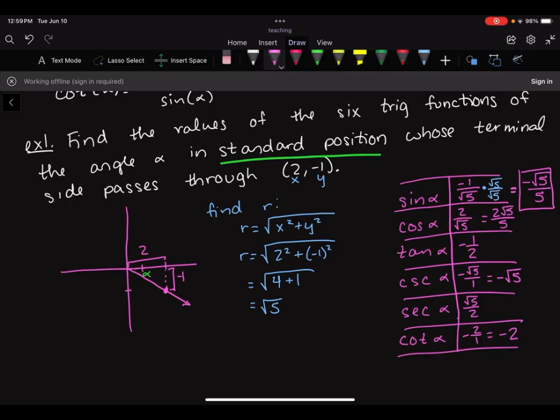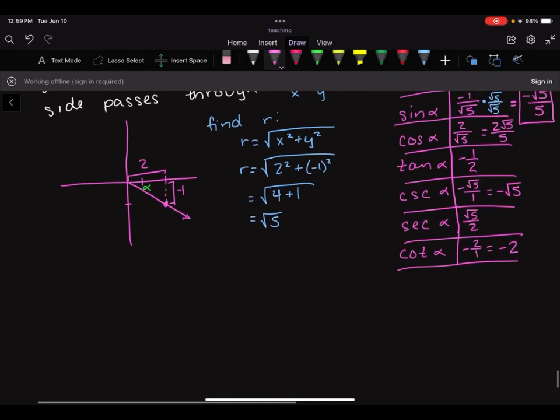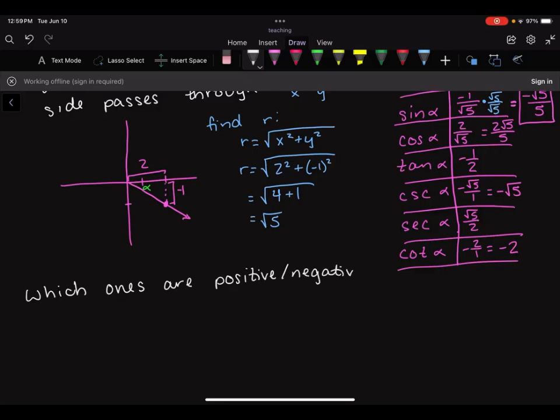Now I do want to make a comment here that some of these are negative and some of these are positive. There's going to be a relationship that we will see, so let me write out which ones are positive or negative in each quadrant.